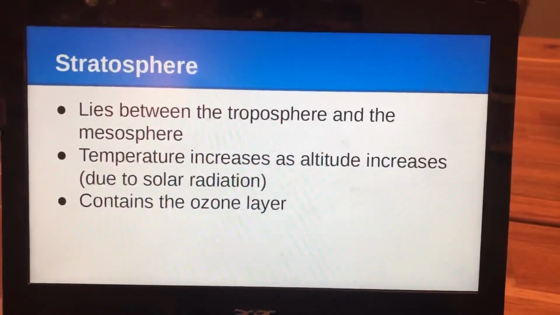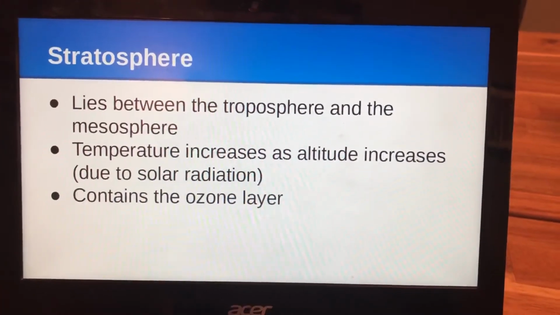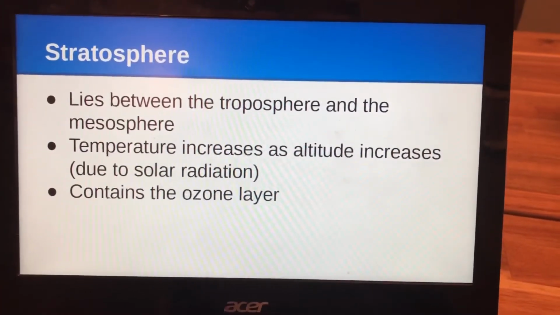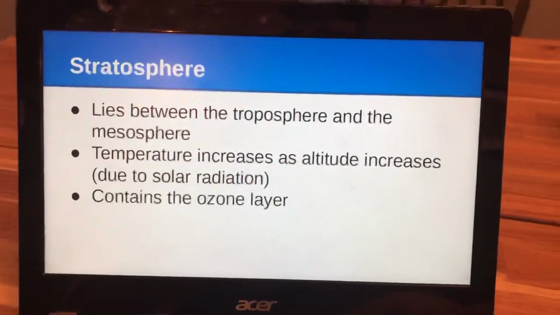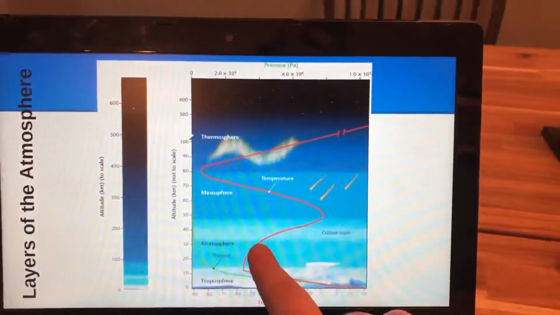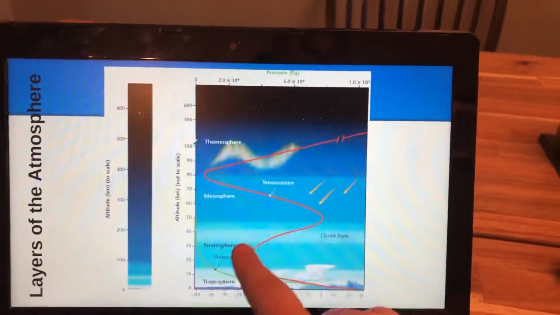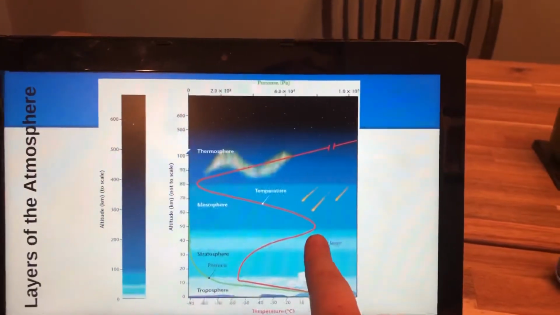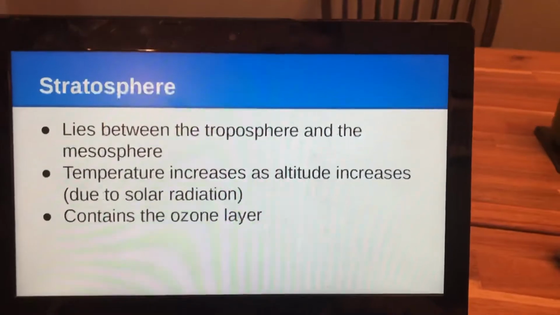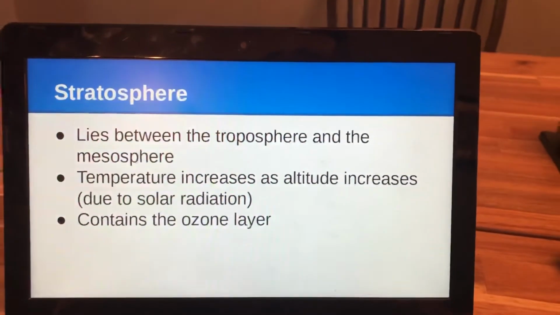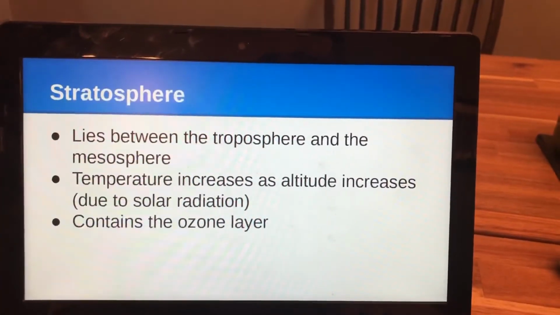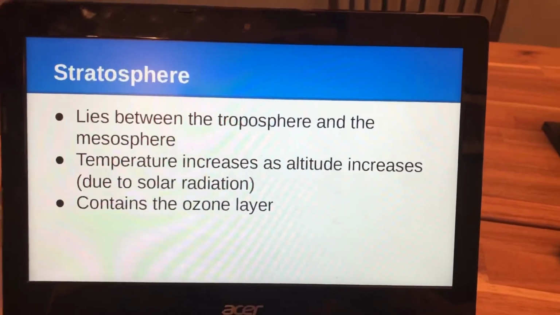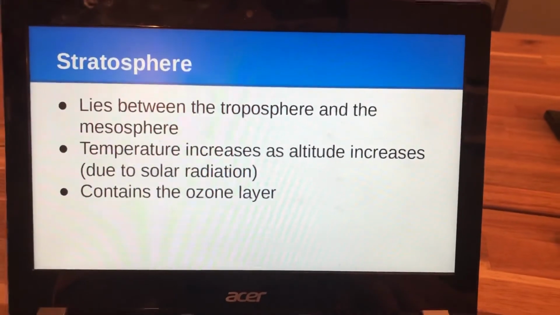Unlike the troposphere, the temperature increases as you go up higher, which I mentioned on the previous slide in this diagram. Because it has that ozone layer, it's absorbing all that UV radiation, and so it warms up as you get higher. So the key takeaway is that the stratosphere has the ozone layer in it.